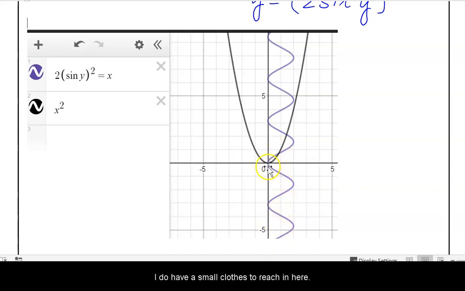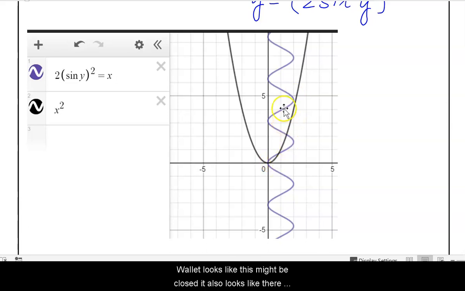I do have a small closed region here and another region here. And while it looks like this might be closed, it also looks like there might be a narrow gap there. In order to determine it, we should blow up the graph and take a closer look.